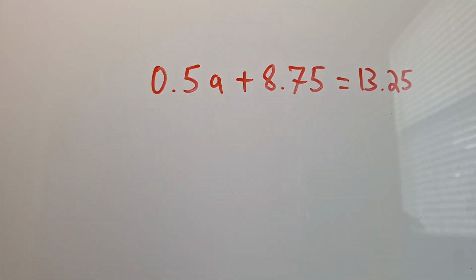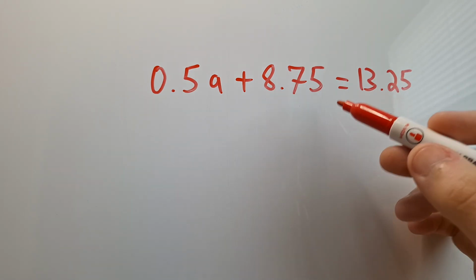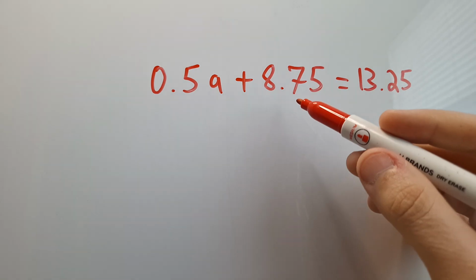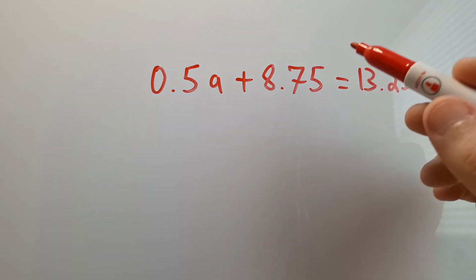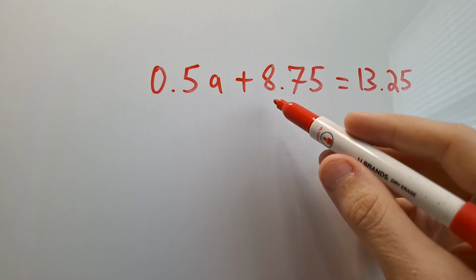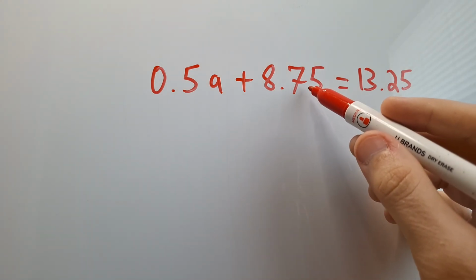So right here, I've got 3 decimals. I don't know about you, but I personally don't like working with decimals in equations specifically. So we're going to clear the equation of decimals by multiplying by a power of 10. When you multiply by 10, your decimal point moves over one space to the right.